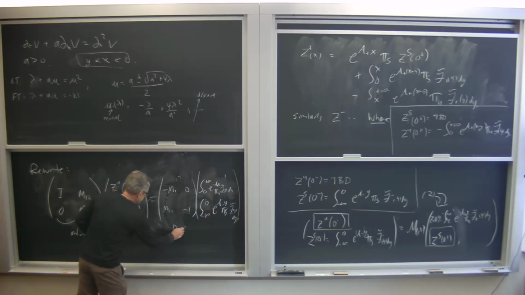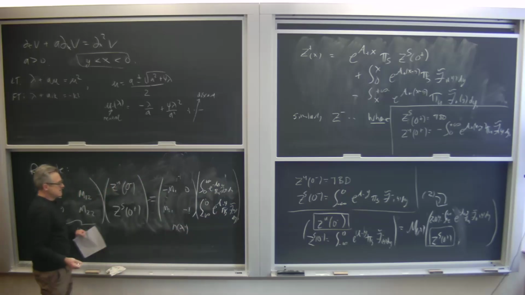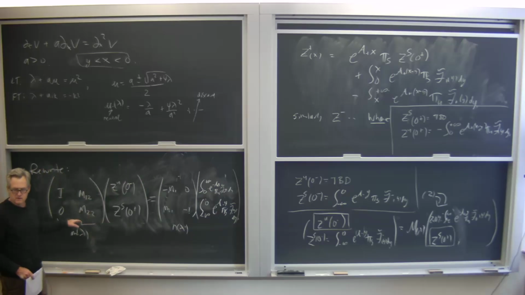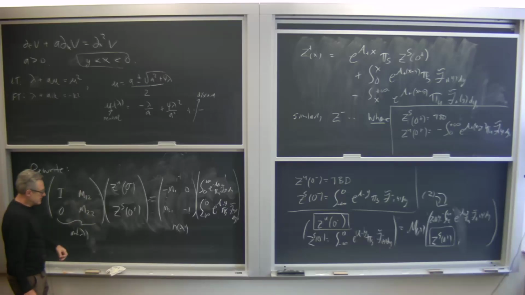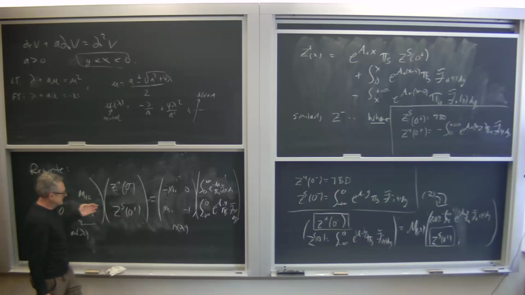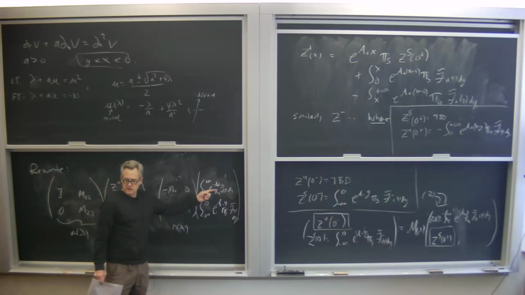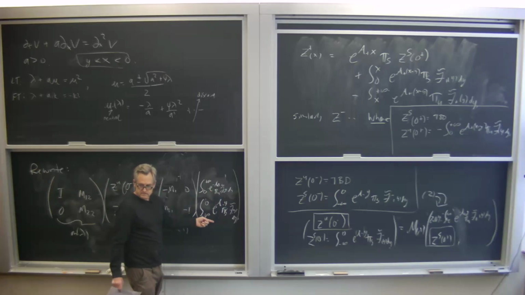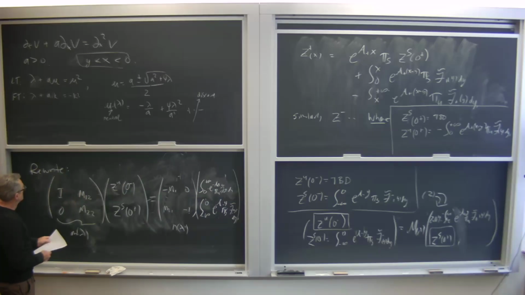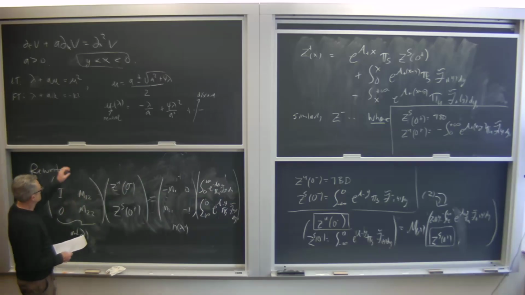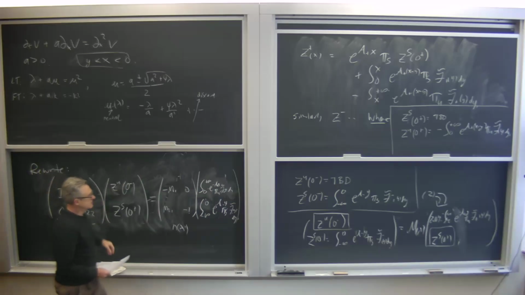I think we called this n of lambda before. There's no x and y dependence on these. So when I invert it, I'll just get an expansion in lambda times these decaying kernels.